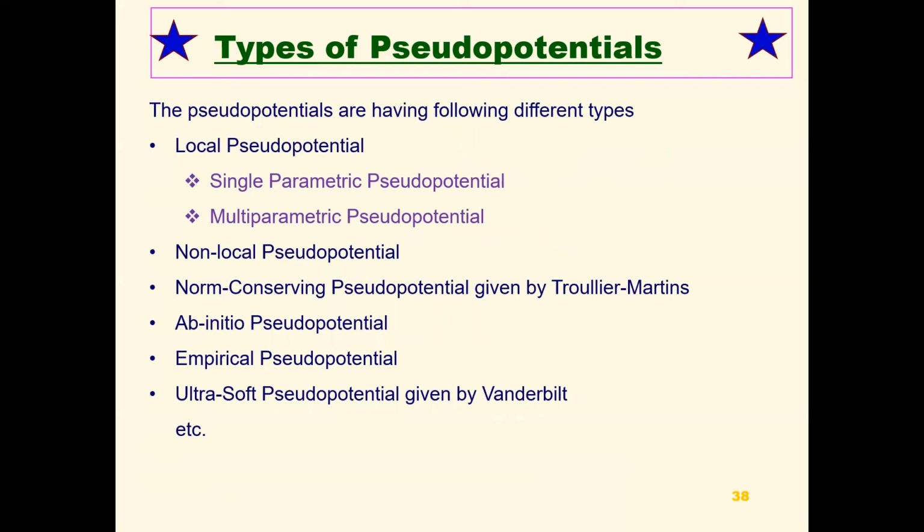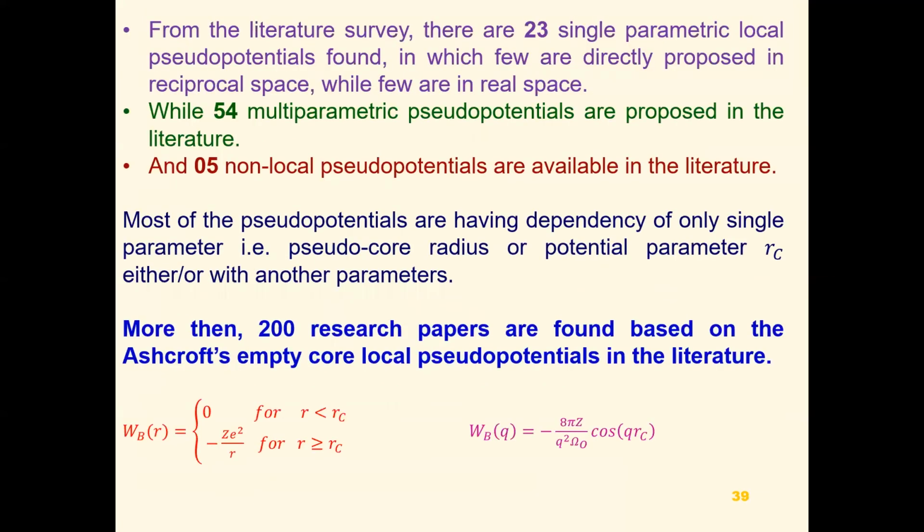Then non-local pseudopotential, norm-conserving pseudopotential given by Troullier and Martins, ab initio pseudopotential, empirical pseudopotential, ultrasoft pseudopotential given by Vanderbilt, etc. Now, from the literature survey, there are 23 single parametric local pseudopotentials found, in which a few are directly proposed in the reciprocal space, while a few are in the real space, while 54 multiparametric pseudopotentials are proposed in the literature, and 5 non-local pseudopotentials are available in the literature.